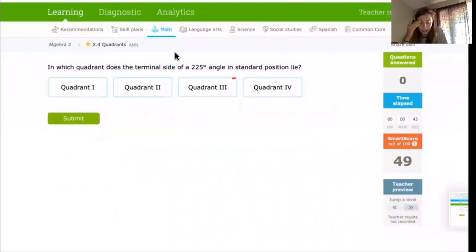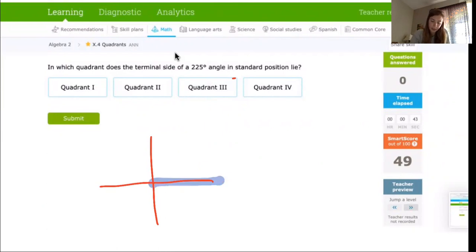Okay, in which quadrant does the terminal side of a 225 degree angle lie? Okay, so we're going to have to pull in what we did earlier. So the terminal side, remember, if this is like my graph, the initial side is going to be on the x-axis there, and then your terminal side is the other side. So once you know which quadrant your terminal side is, if you have a 225 degree angle.